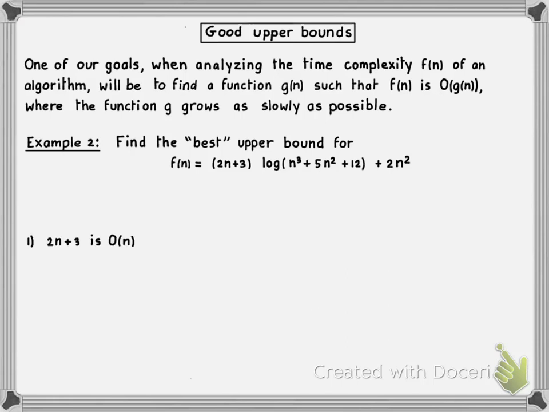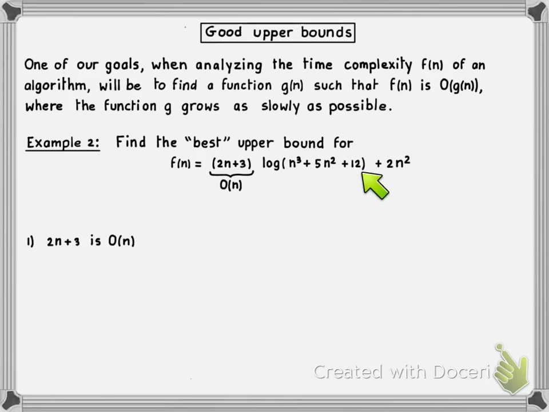So the first term we consider is the polynomial term 2n plus 1, which has degree 1 and therefore is big O of n. Let's record that and move on to the second term in the function f of n, namely this one.